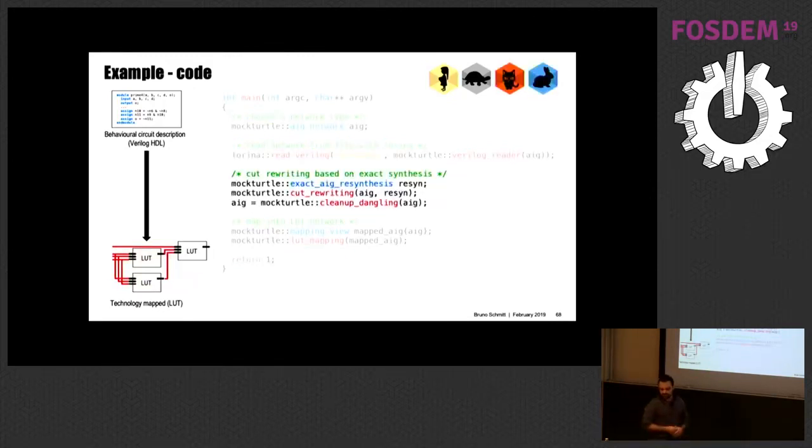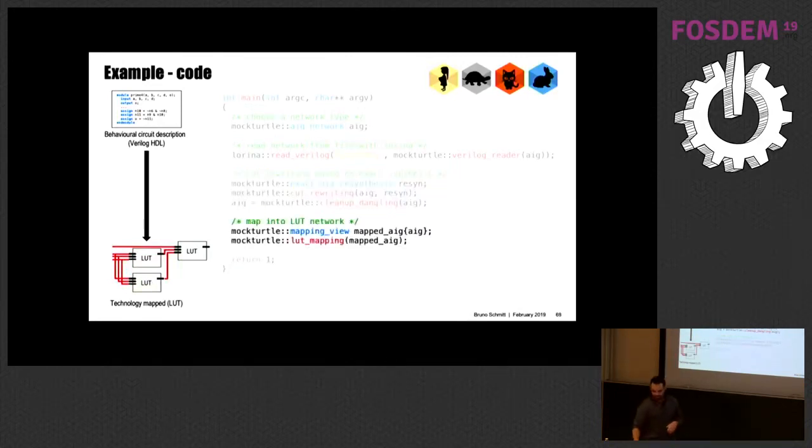Then we do the cut rewriting, and when you do cut rewriting, you end up with some dangling nodes in the network, so you need to clean it up afterwards. And then you map it to LUTs. It is as simple as that, and then afterwards you can write in one of the formats that can then be the input for some placing and routing tool that comes afterwards.